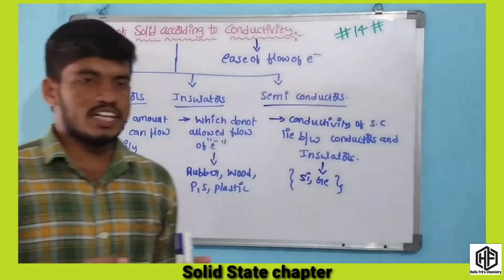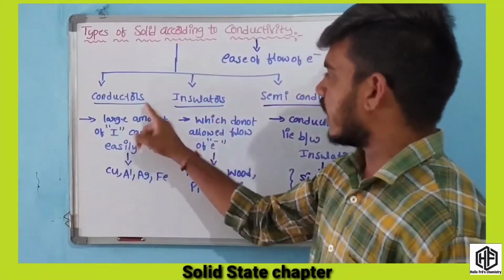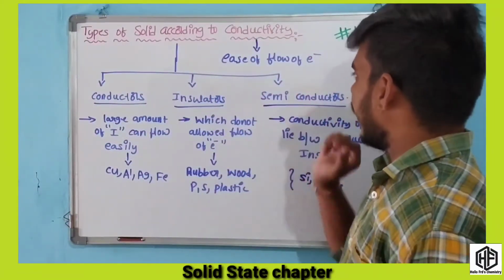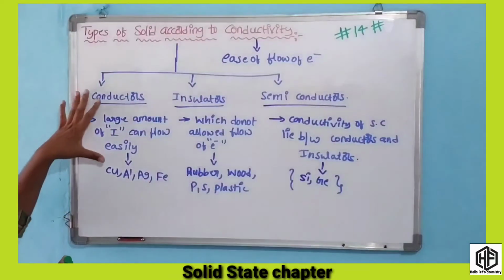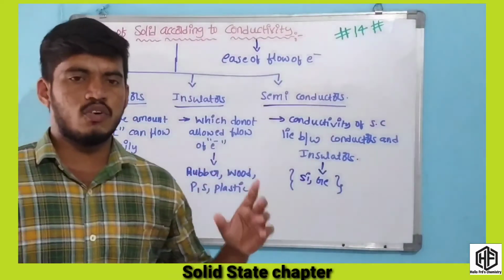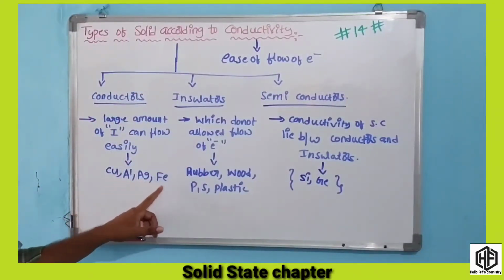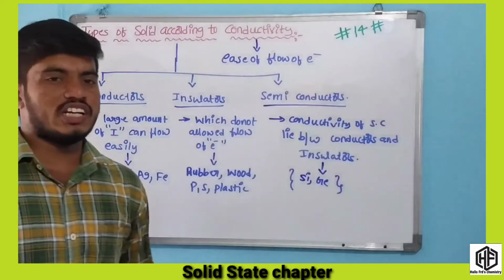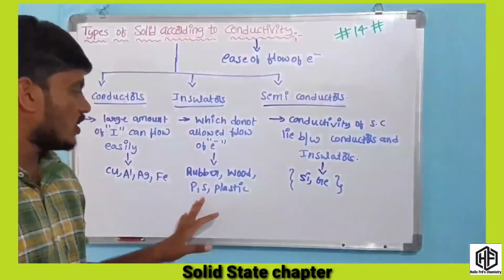With respect to conductivity, solids are classified into three categories: conductor, insulator and semiconductor. A conductor is one through which a large amount of current can flow easily. Examples are copper, aluminum, silver, ferrous. An insulator does not allow the flow of electrons.